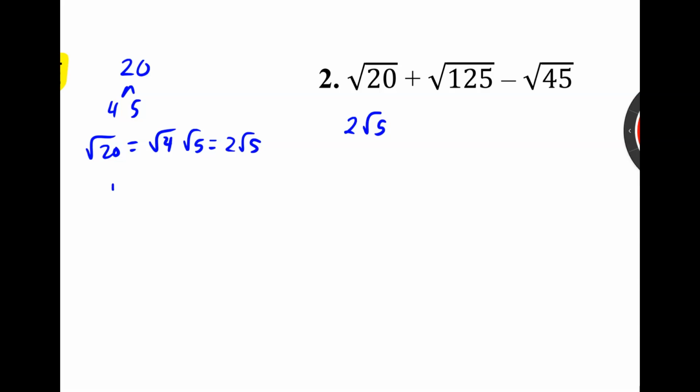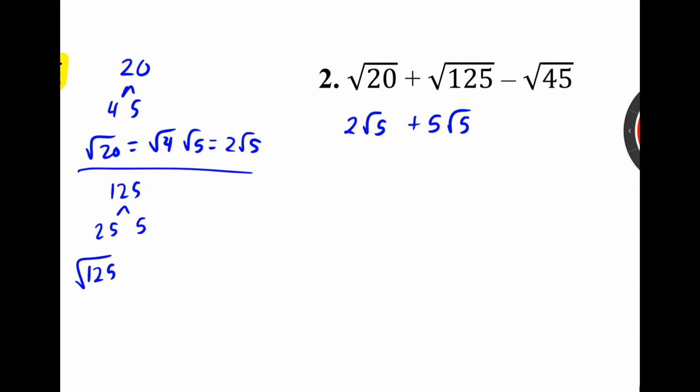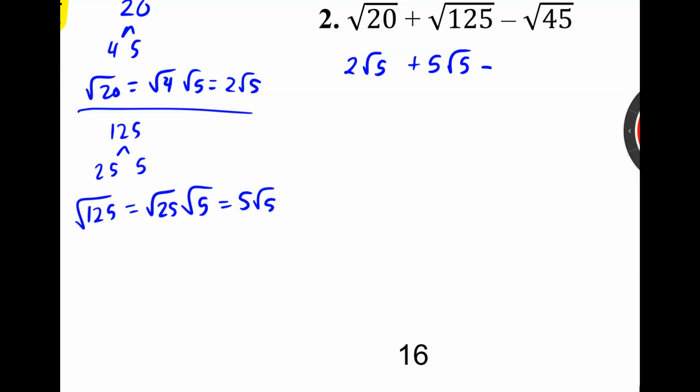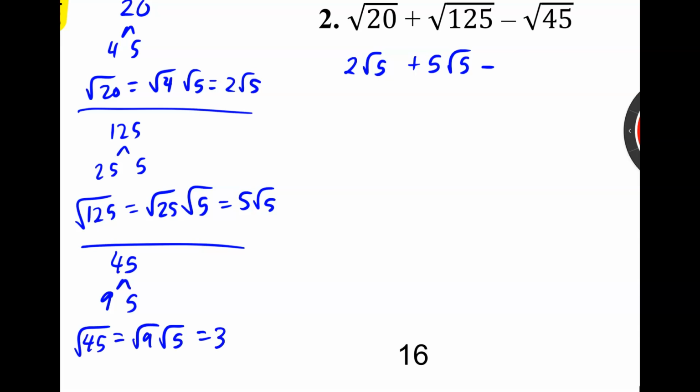Root 125 is 25 times 5, so this is just going to be 5 root 5. And then minus root 45. Okay, 9 and 5. So square root 45 is square root 9 times root 5, which is 3 root 5. So minus 3 root 5. 2 plus 5 is 7. 7 minus 3 is 4, so I have 4 root 5 at the end.